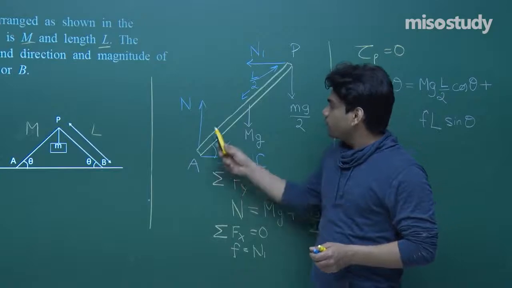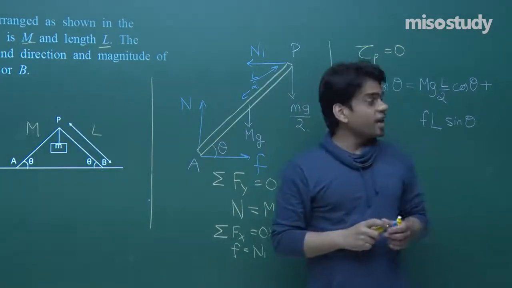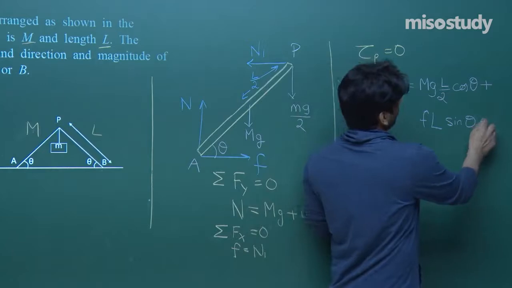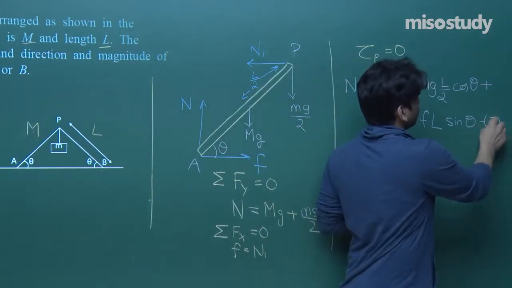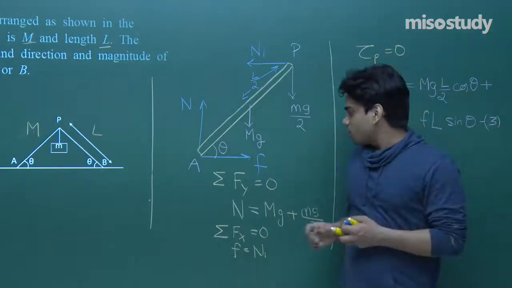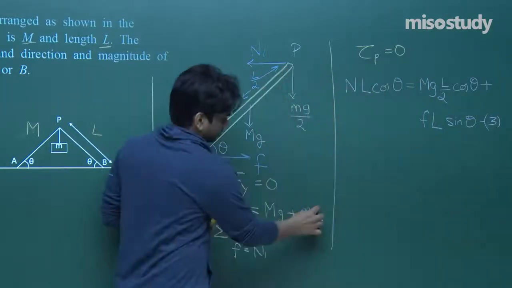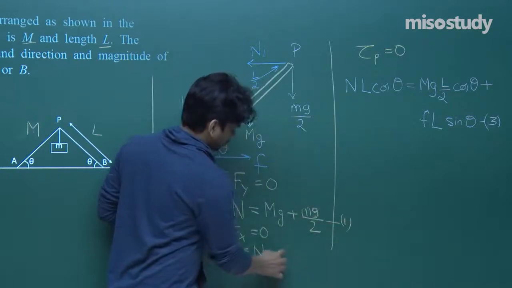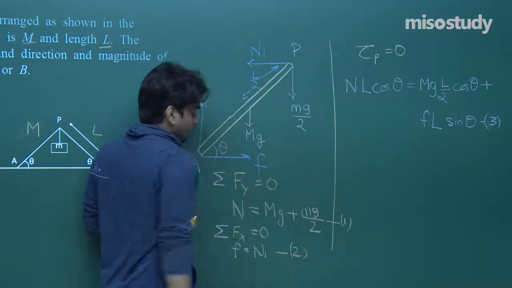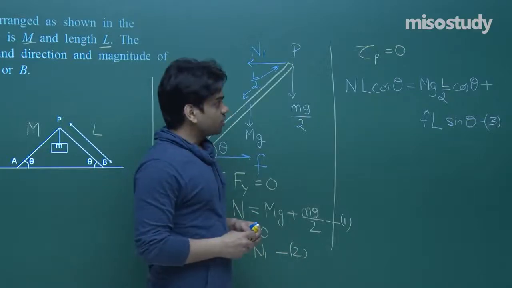So we have used F, we have used N, we have used Mg. The other force has no torque, no role to play. F we got as a subject. Let me mark this as equation number 3, because we have 3 equations. Then we have equation number 1 here, and equation number 2 here. Capital N can be replaced as Mg plus Mg by 2, so that is what I am going to do.